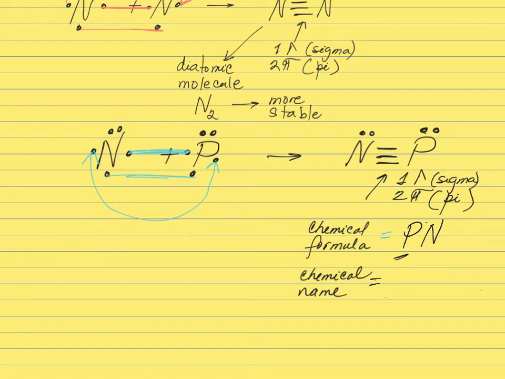How are you going to name that? When you are naming covalent compounds, we're going to use prefixes. If you look over here at the subscript, when you don't have a subscript, you have one atom in there for the first element that is represented in the formula. If you have one atom of the first element, you don't have to put mono. So you're going to start with phosphorus.